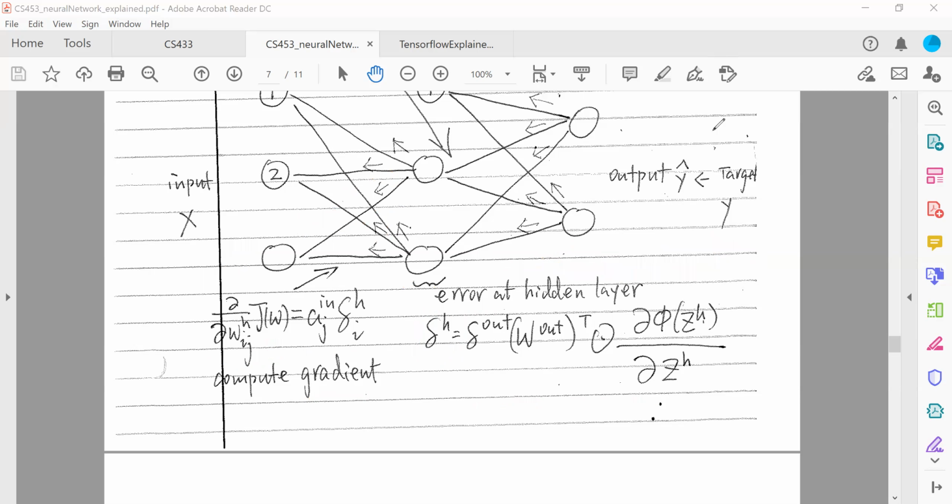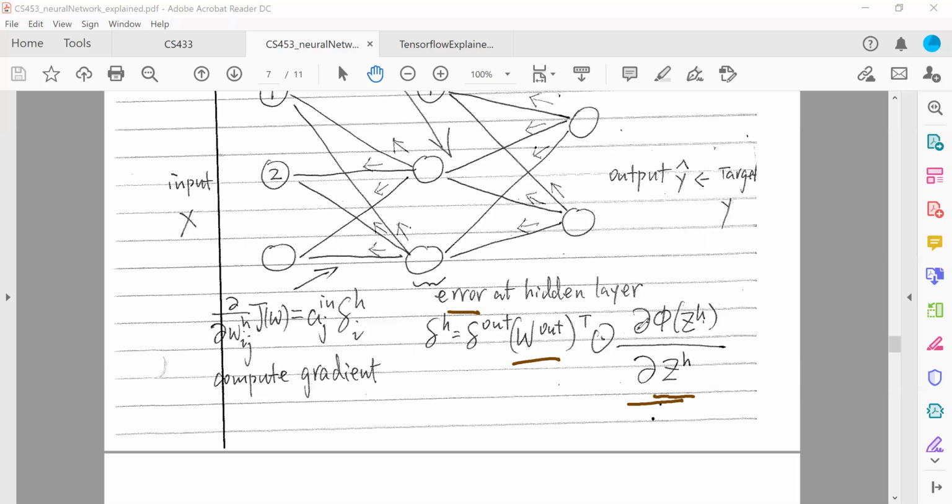So that's the general idea about back propagation. It makes use of the error at each layer, but the error at the hidden layer depends on the error from the output layer. Each previous layer's error depends on the next layer's error, the weights of the next layer, and the current layer's derivative of its activation function with respect to its net input.